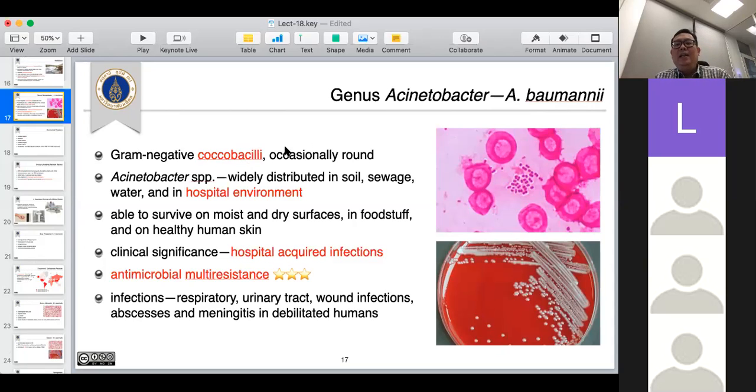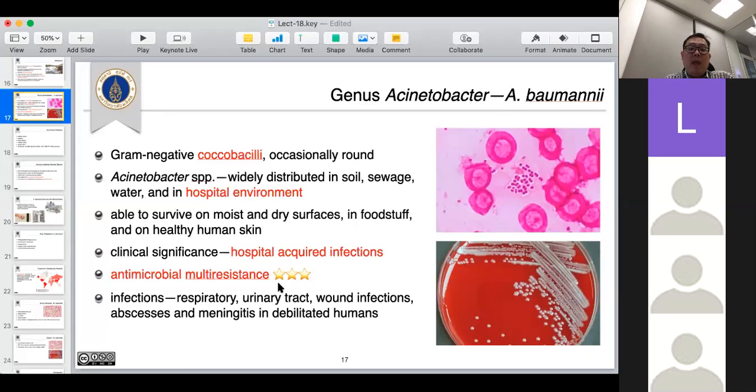The key or problematic species that causes serious problems in healthcare is Acinetobacter baumannii. They contaminate the surface, the soil, sewage, water, and hospital environment. In hospital, mostly when you swab the surface, you probably get Acinetobacter baumannii.